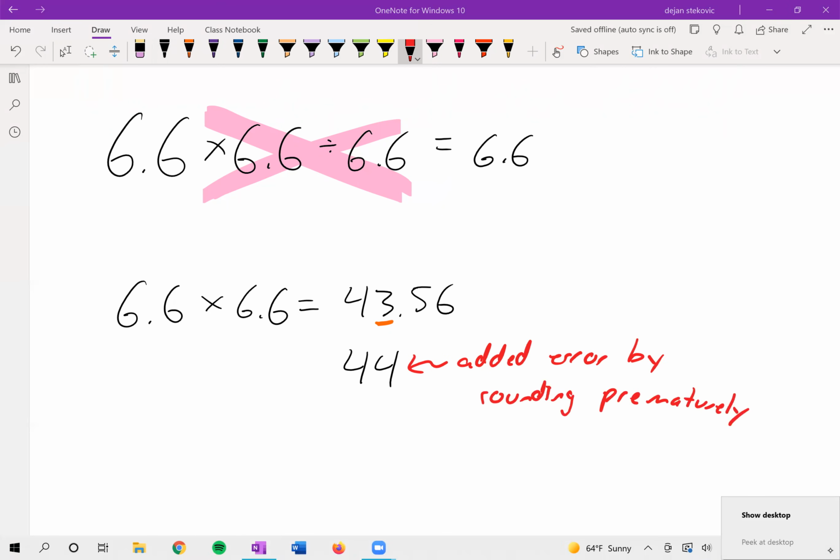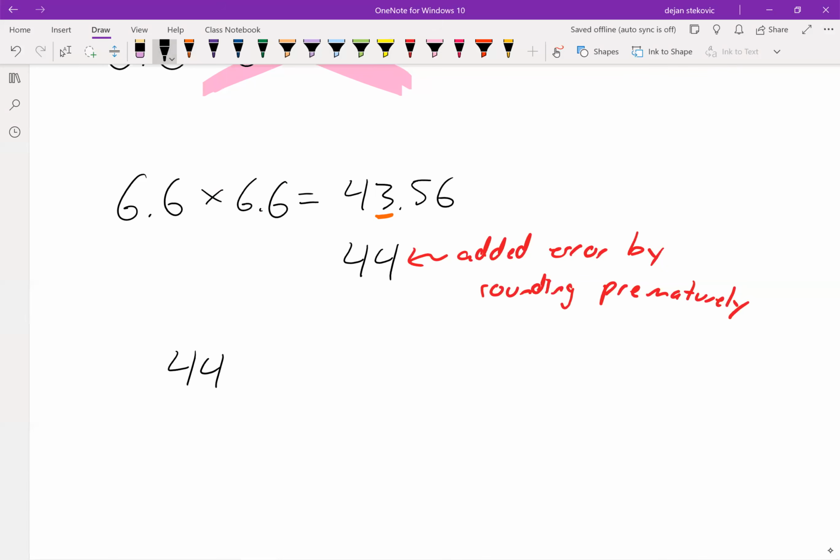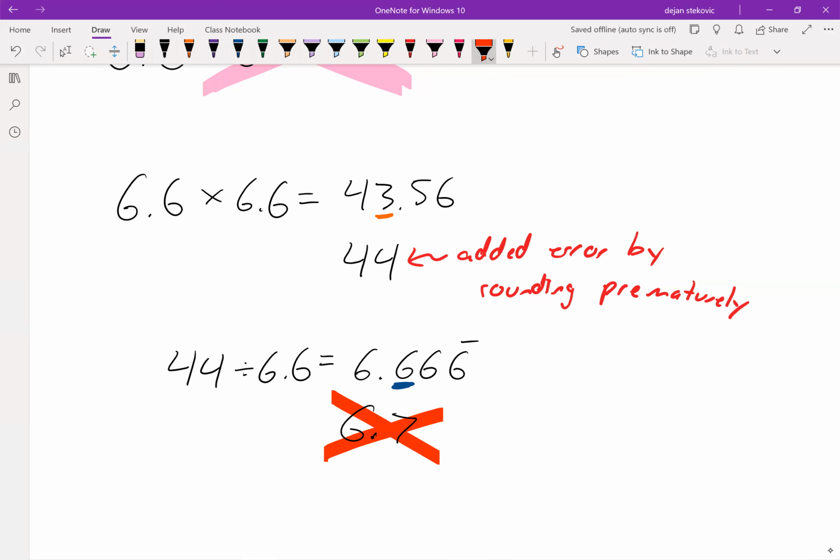So when we take this 44 and divide it by 6.6, your answer comes out to be 6.666 repeated, right? Again, if we think about how many sig figs we have here, we have 2 each, so that's our uncertain digit. So your answer rounds to 6.7, right? That's not 6.6, and that is not the correct answer for these mathematical operations.